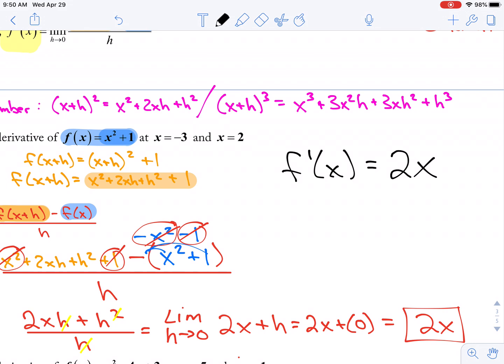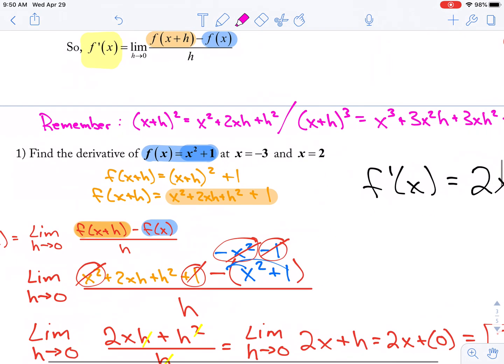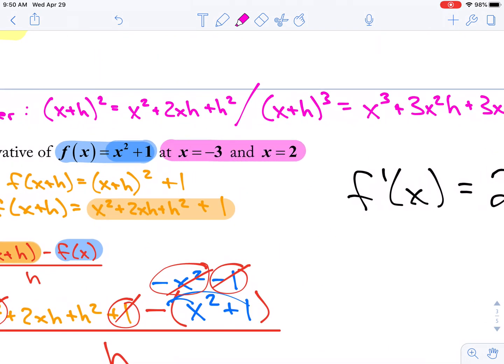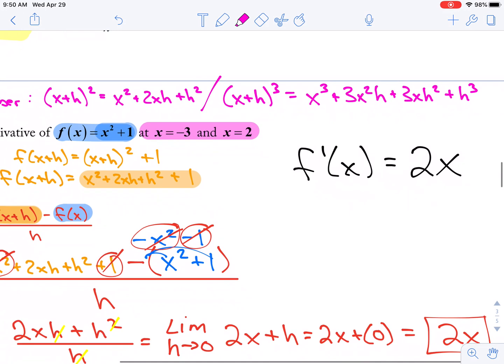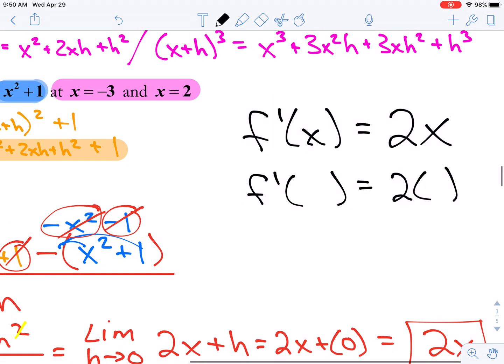Now, if we want to find the derivative at a specific point, so now we're talking about the next step here. It says find the derivative, and then it says here at these 2 points. All that means is now we just plug in those values into the original function. So we have f prime of x, which equals 2 times something, which is x. For the first one here, we're going to plug in negative 3.